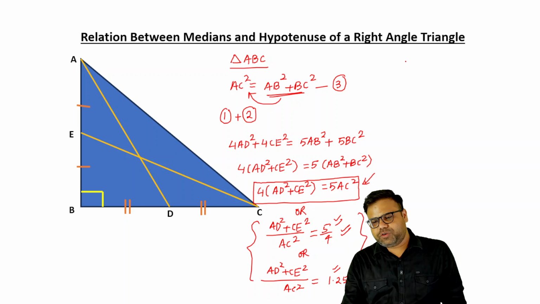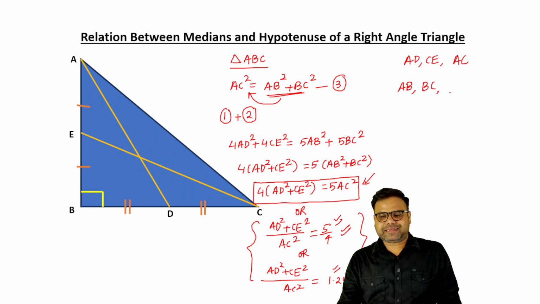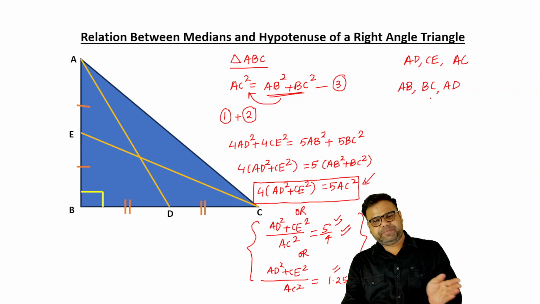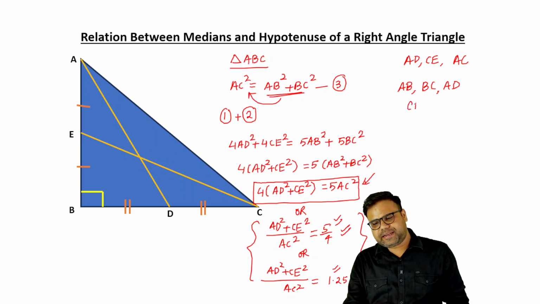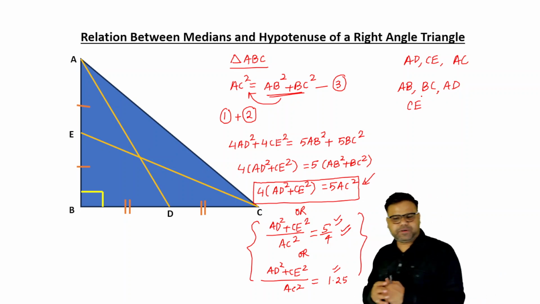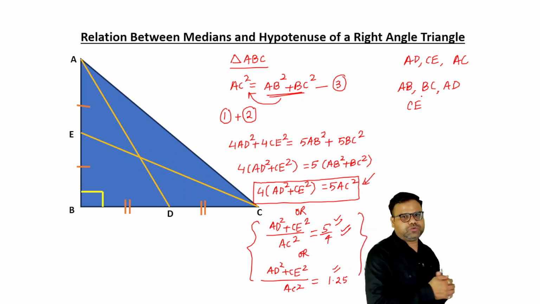Like he will give you the length of AD and CE, and he can ask the length of AC, or he can give you the length of AB and BC, and he can ask the length of AD or CE, or he can give you the length of AB, BC, AD, and he can ask the length of AC, CE. So these types of questions can be framed from this concept. Otherwise, the theorem itself is important to ask.